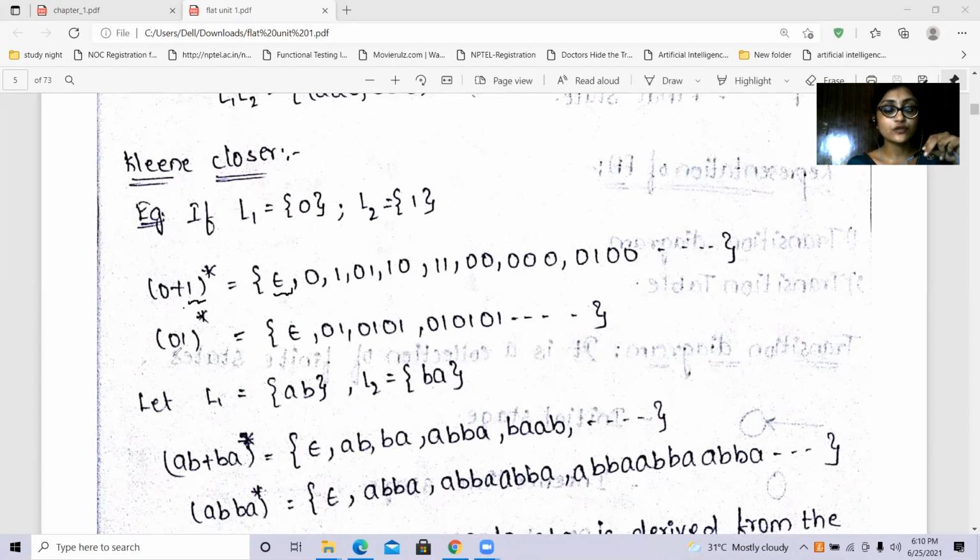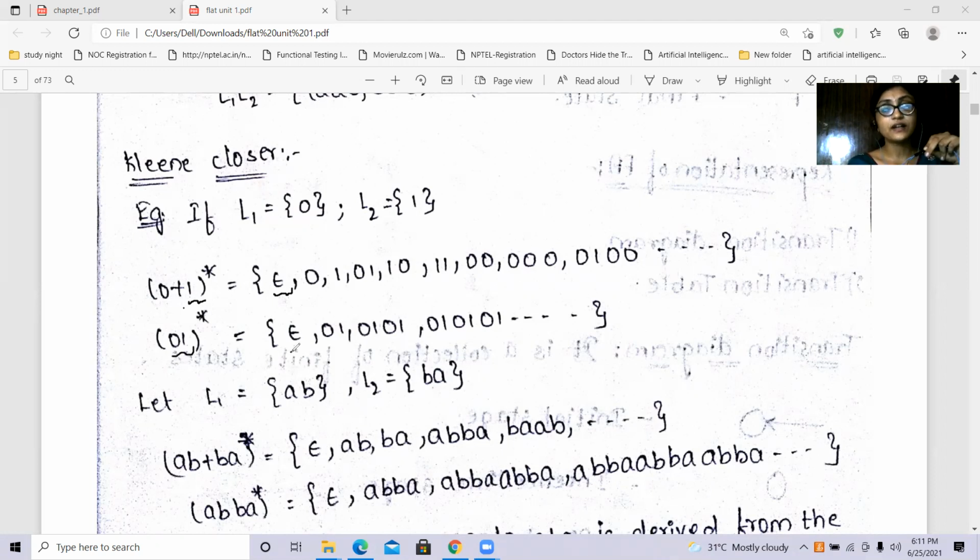And here coming to 0 1 whole star, this is nothing but Kleene closure on 0 and 1. Here we are going to take both the 0 and 1 as a single string. But in 0 plus 1, which means 0 or 1, we are taking only 0 or else 1. In 0 and 1, we are taking both the elements as a single string, and it will be like this.